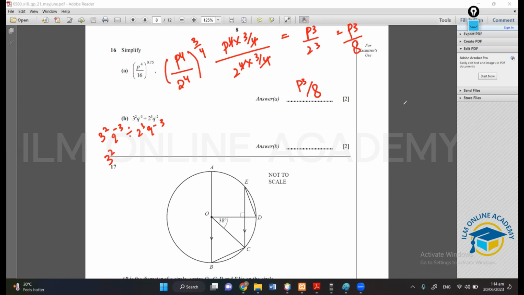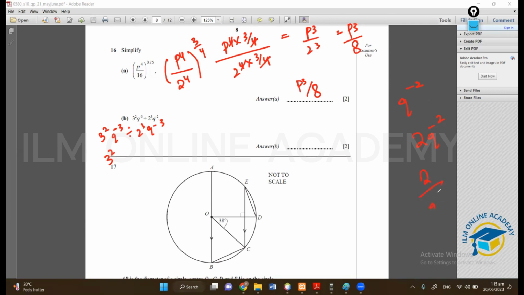We already know that if a variable or a number has a negative power, we always make the power positive by changing its place. If it is in the denominator with a negative power, we move it to the numerator, or if it is in the numerator, we move it to the denominator.